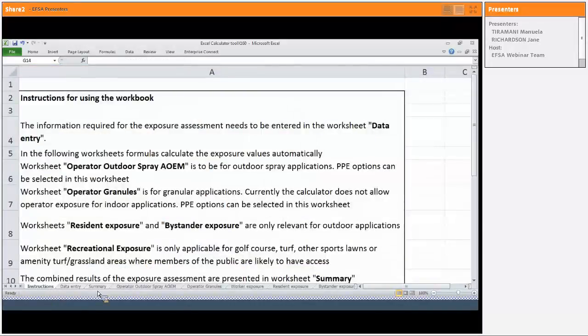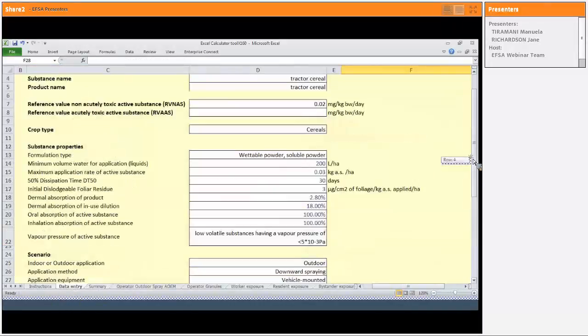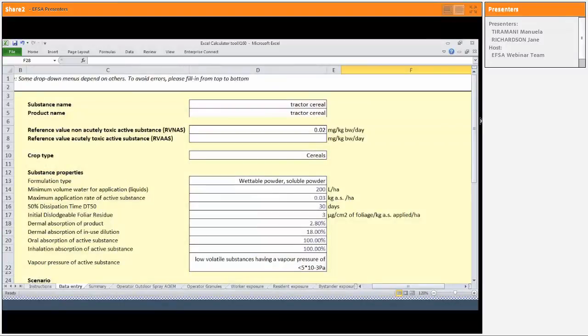So here we're going to look at an example, again in an orchard, but here we're not going to use vehicle-mounted equipment. So we're going to imagine that someone is using, for example, a knapsack in an orchard.